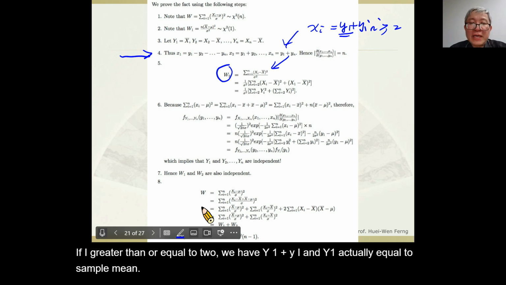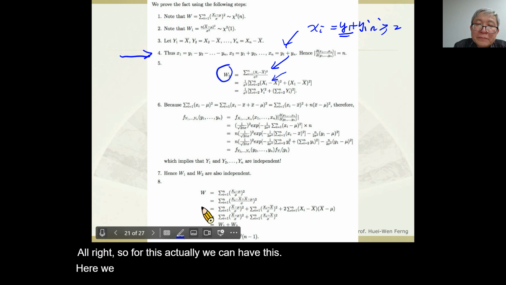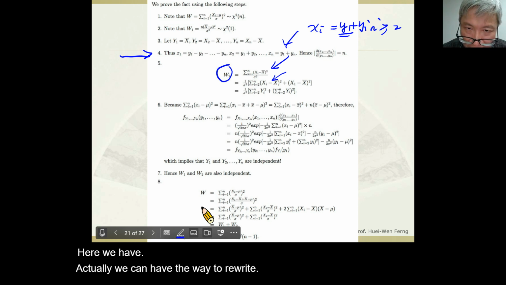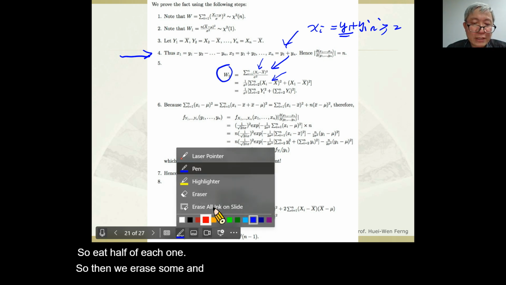So for this we can rewrite. Let me erase some and then continue.